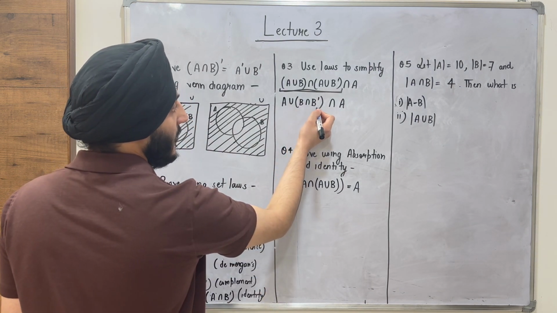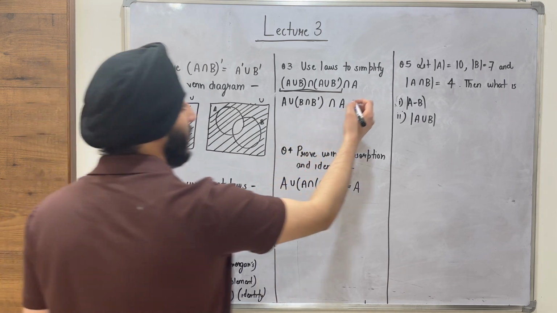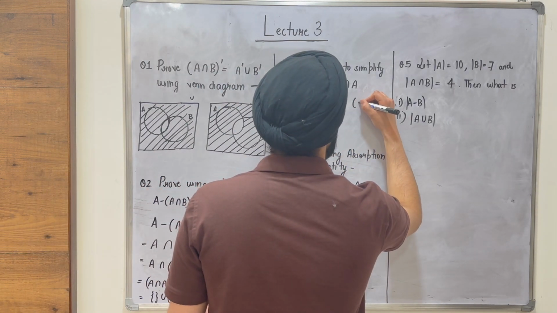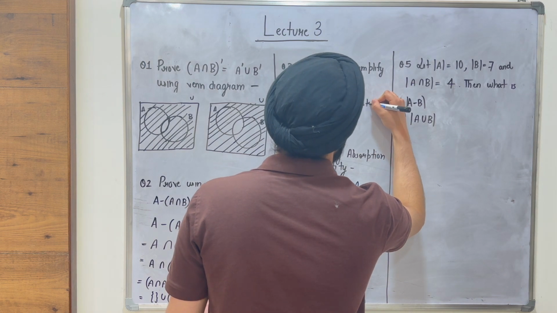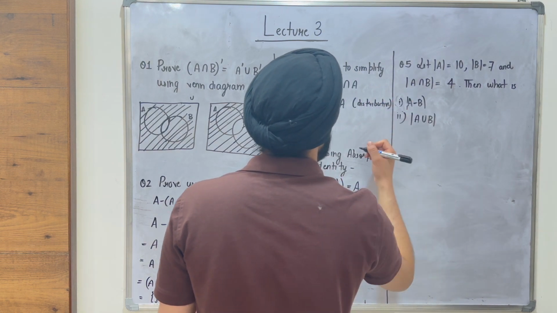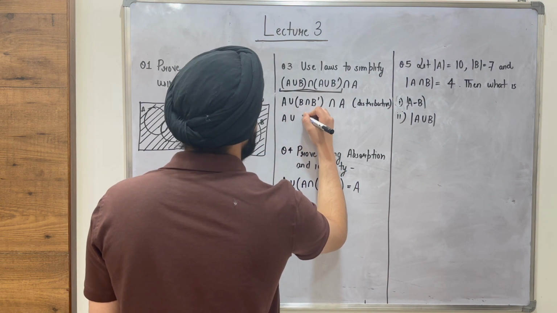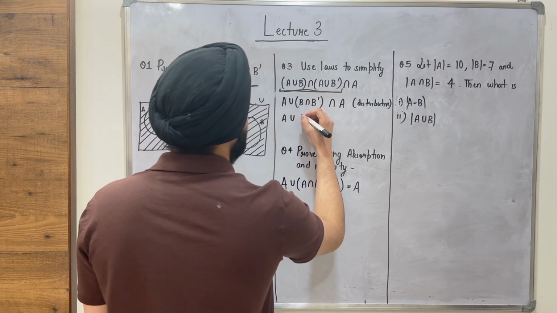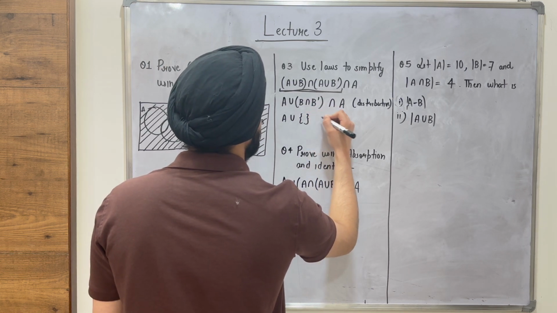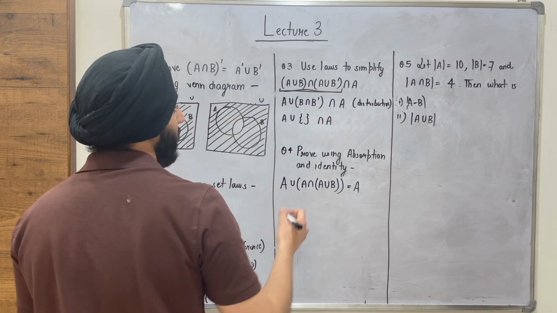B intersection B complement is basically the complement law once again. So this will be distributive, and this will be, so I get A union B intersection B complement results in the empty set intersection A complement.